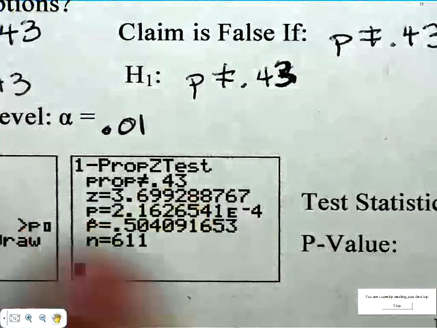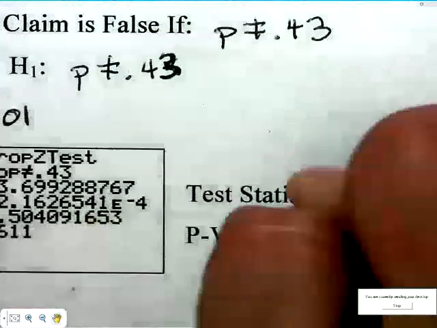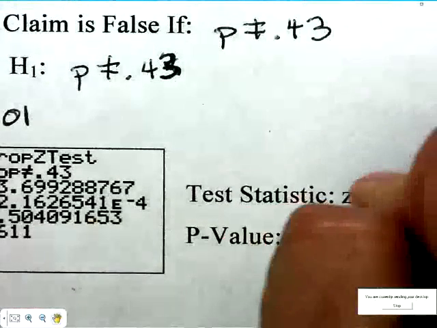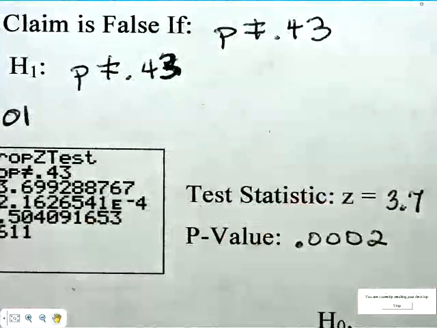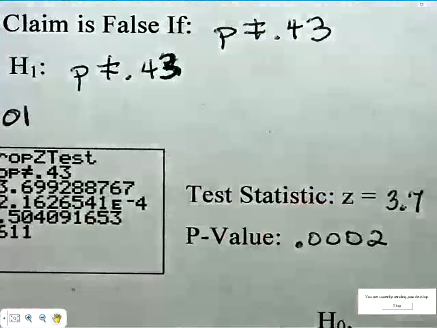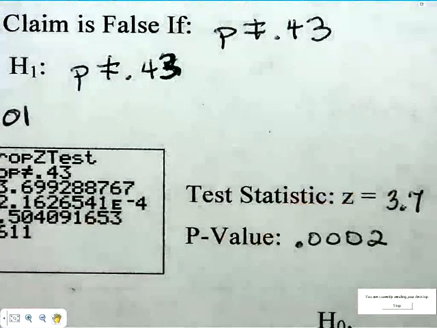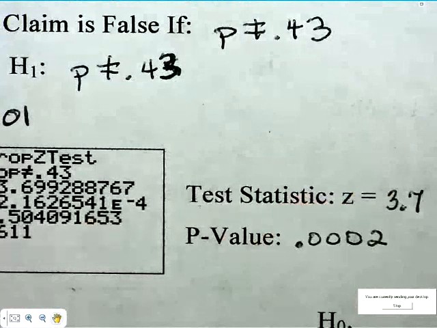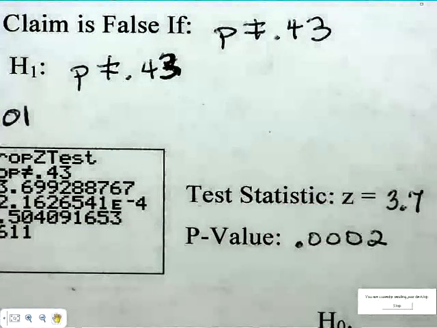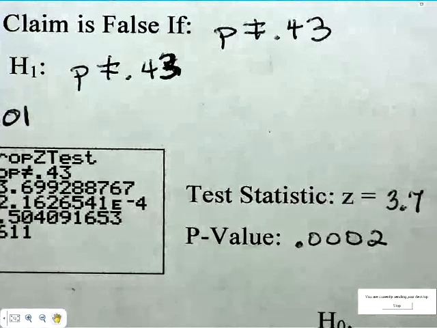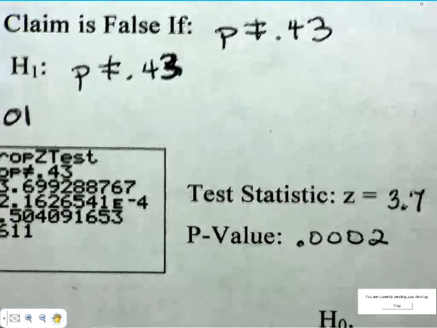To do that, I'm going to have to add 3 zeros. 0.0002 if we just wanted 4 decimal places. And is that less than or greater than my significance level?